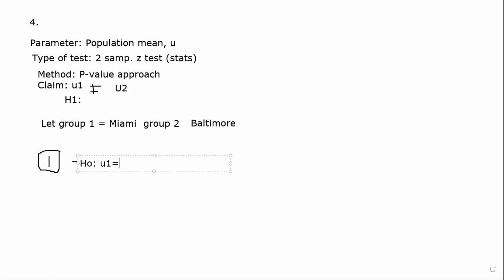It's going to look almost the same as the one we just did, except that your claim is going to be H1 this time. Mu1 is not equal to mu2.